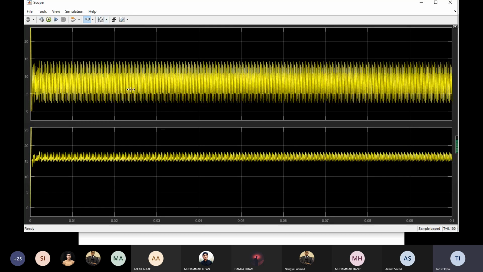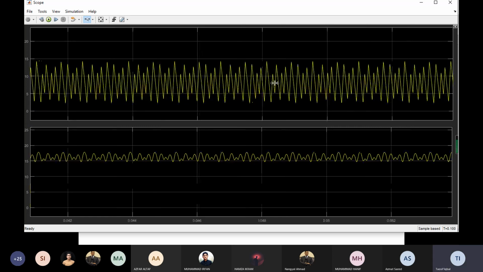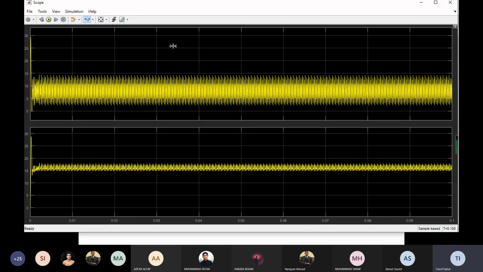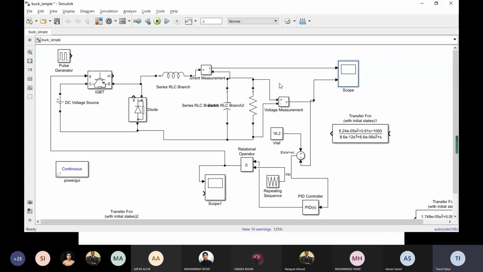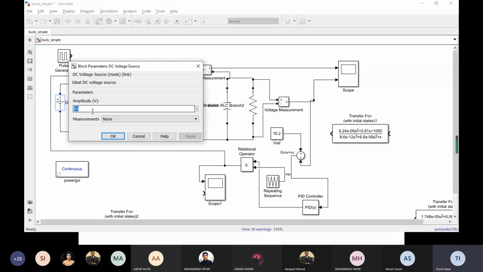So you can see it stabilizes, but the ripples get even bigger, almost 10 volts ripple. Let's increase a little more. So let's say 100 volts.